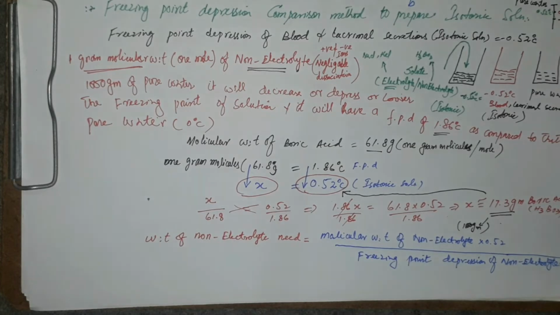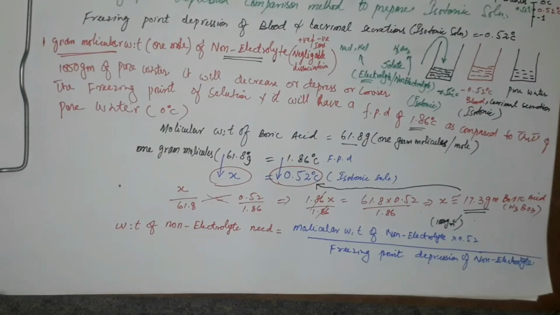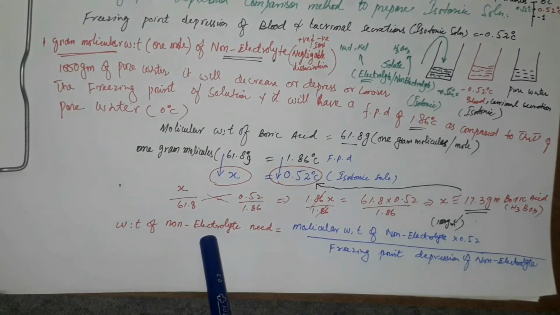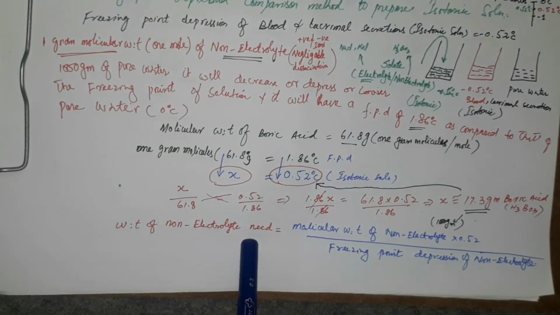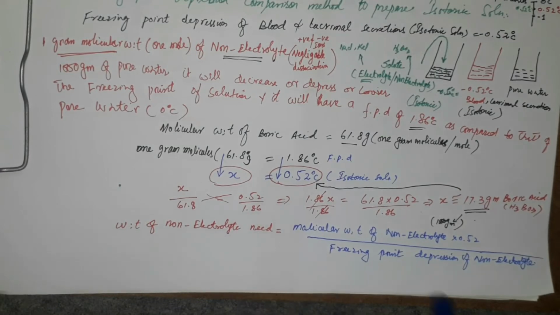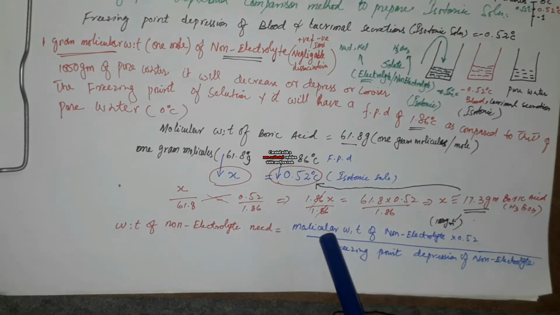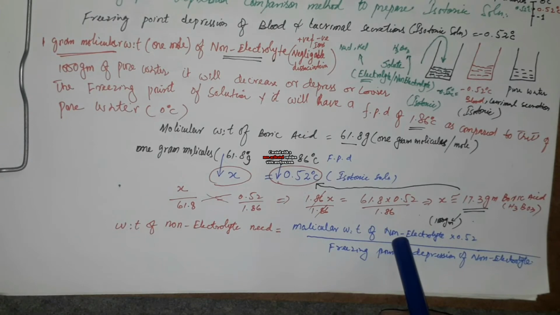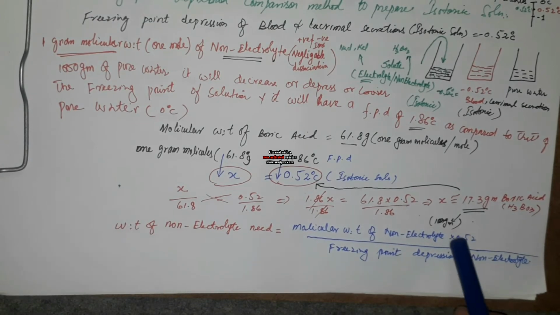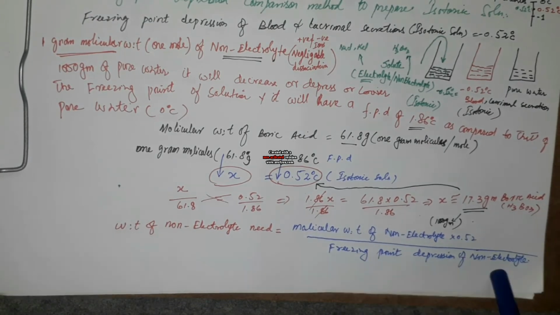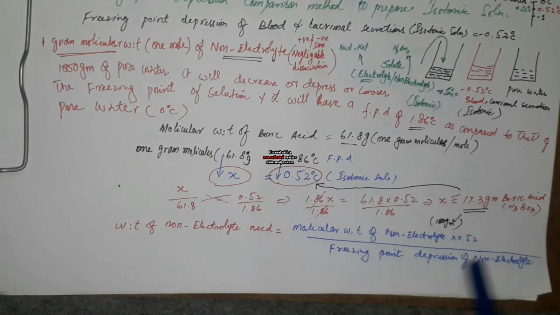It was a simple method for determining the weight of non-electrolyte needed to produce an isotonic solution from 1000 gram of pure water, and it can be generalized for any other non-electrolyte: its molecular weight multiplied by 0.52, divided by the freezing point depression of the non-electrolyte, which is known.